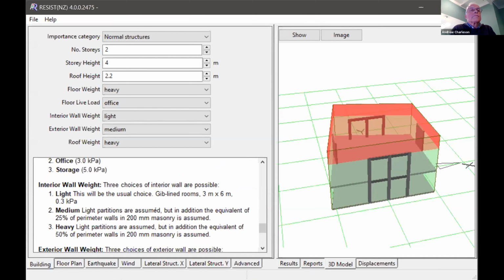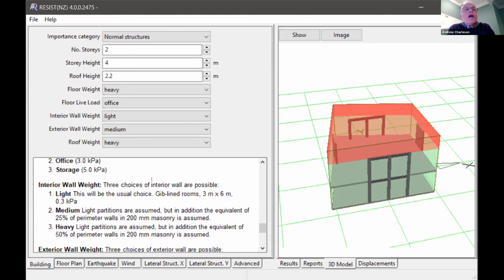So what is the difference between light, medium, and heavy? Well, a light interior wall would be using timber or steel framing with plasterboard linings.